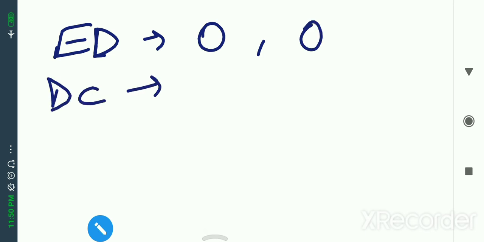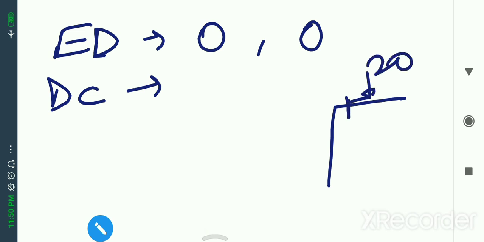For DC, the value of capital M was, let us draw the figure first, it was 20, so it was simply 20 into x.